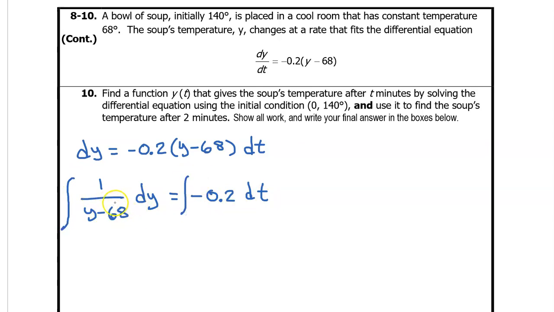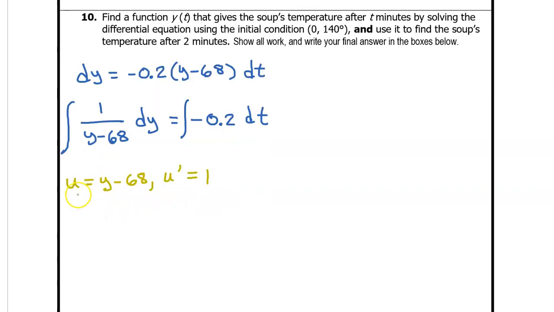This is going to be a mental u substitution. However, I'm going to show it for instructional purposes, and then I'll go back and do it again mentally. We would let u equal y minus 68. In that case, u prime would be 1, which is our clue that we should be able to do this mentally, anytime u prime is a constant.